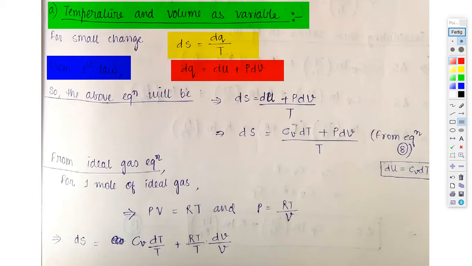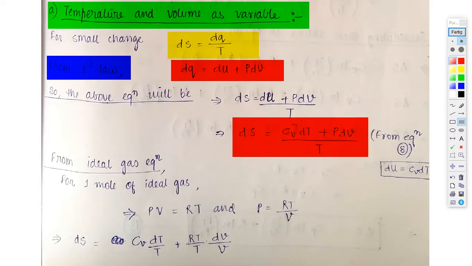Substitute the value of dq into the equation, and we get the final equation: dS equals CvdT plus PdV, all over T. That means dU equals CvdT, where Cv is the molar heat capacity at constant volume.